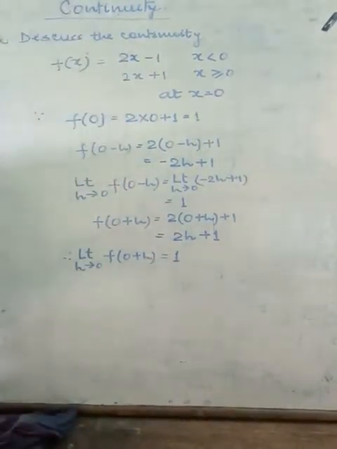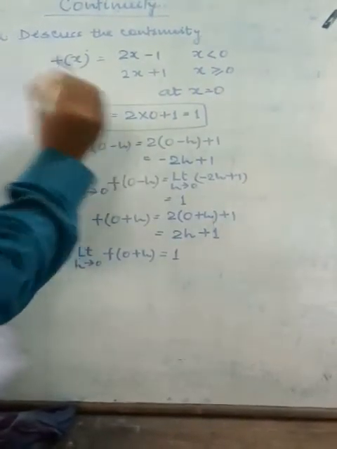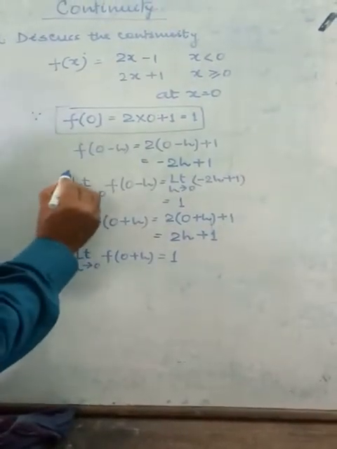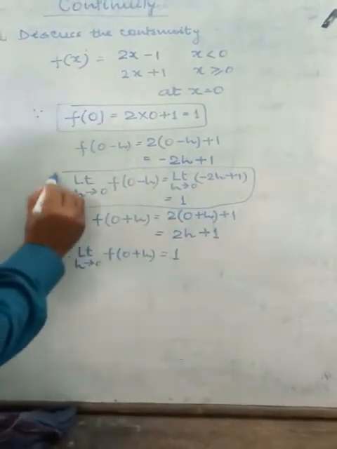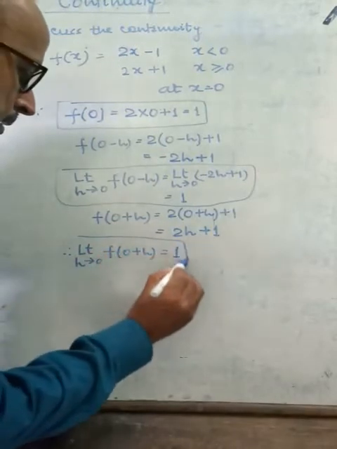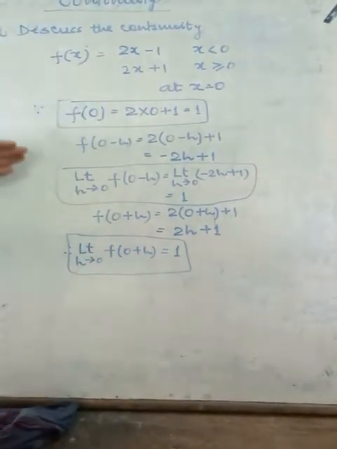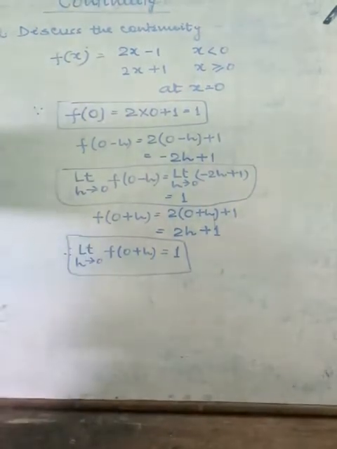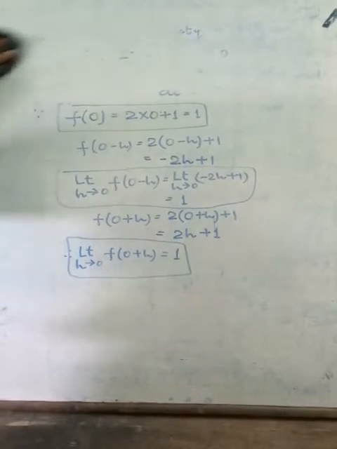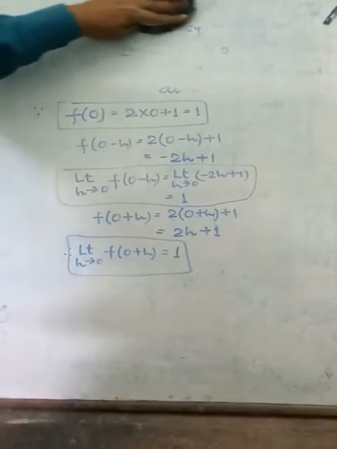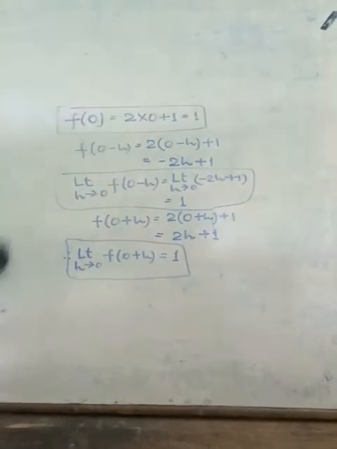This is 1. So here we see f(0) is equal to 1, the left hand limit is equal to 1, and finally the right hand limit is equal to 1. Hence all the three values are equal. So the given function is continuous at x is equal to 0.